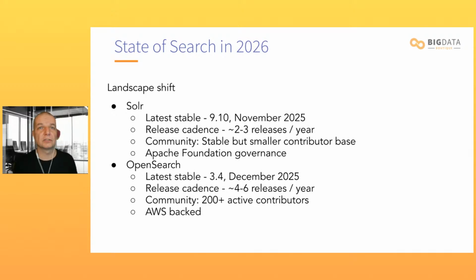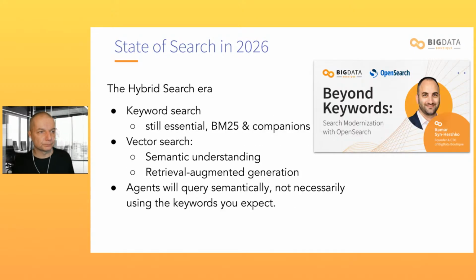So we have Amazon there that does take care of some of the things about OpenSearch, and they actually run business on that because they do provide a managed service. So they want that to grow. So for the foreseeable future, we may expect OpenSearch to grow and expand rapidly, and we've seen that. That's something that we can easily expect.